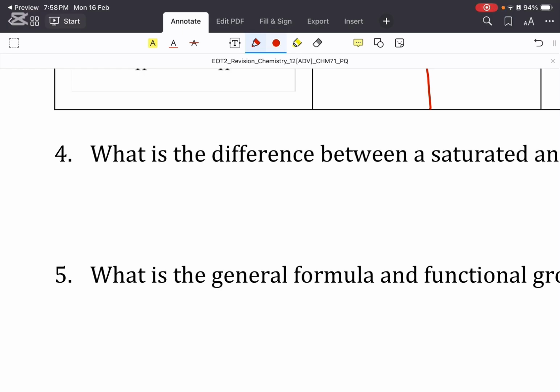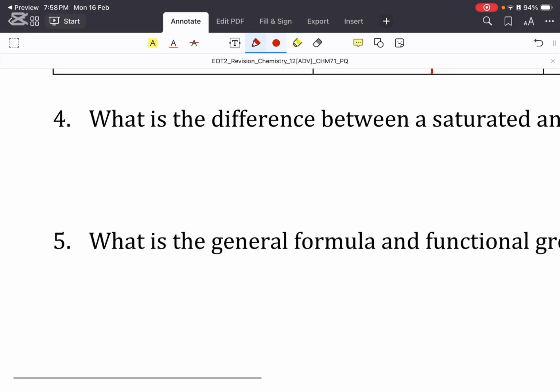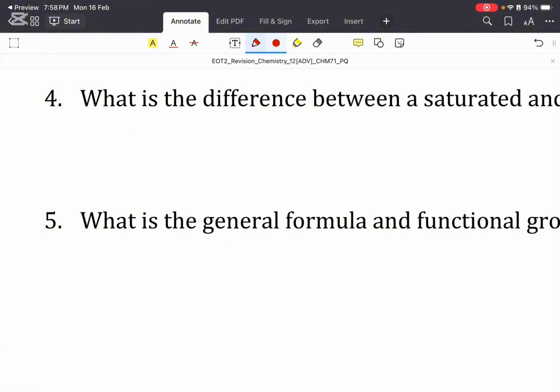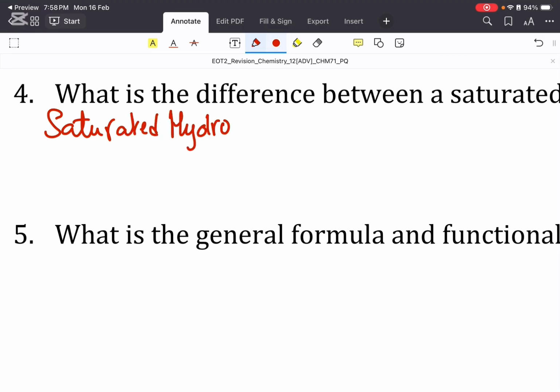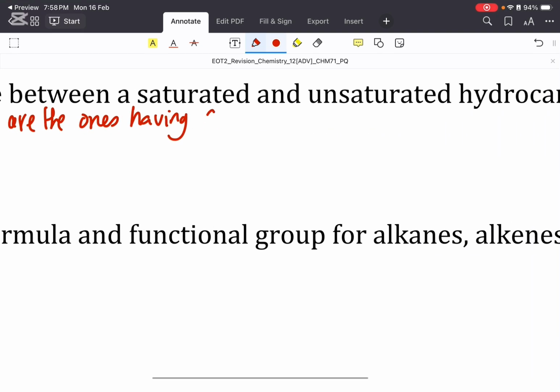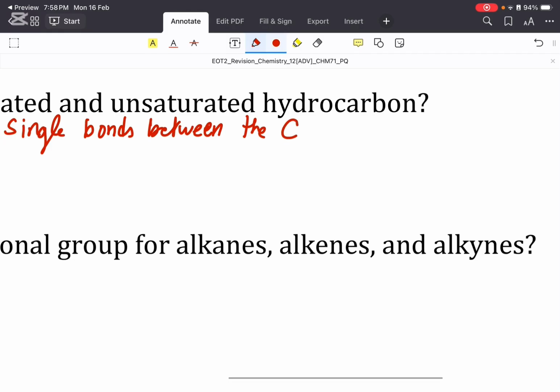So the saturated hydrocarbons, I'm going to write it here, are the ones having single bonds, single covalent bonds between the carbon atoms.